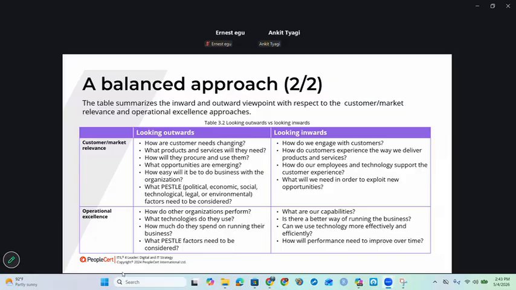Can we use the technology more effectively and efficiently? And how will performance need to improve over time? So again, customer and market relevance, and external and internal factors in both contexts, is what we need to look at. That's how we can create a balanced approach or a balanced strategic focus.